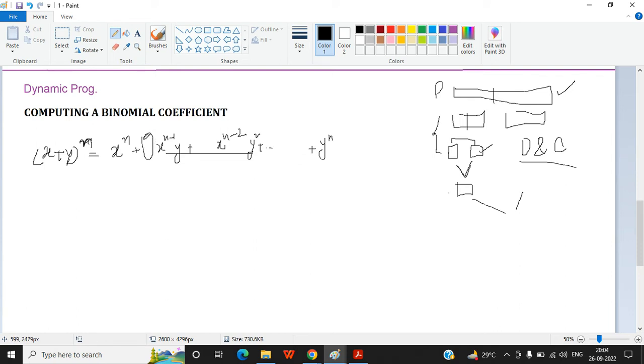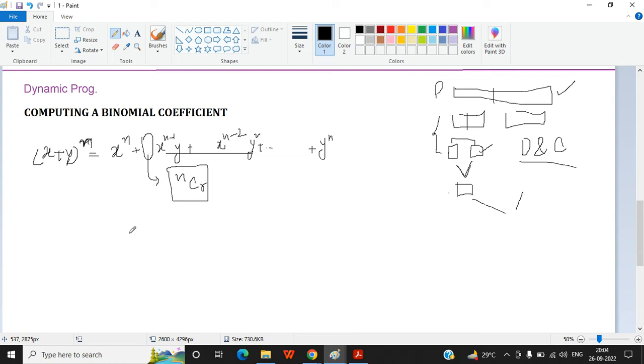Here you have the coefficient, that is in terms of NCR. That's why this is called the binomial coefficient, because this is the coefficient of each term in the binomial theorem expansion.